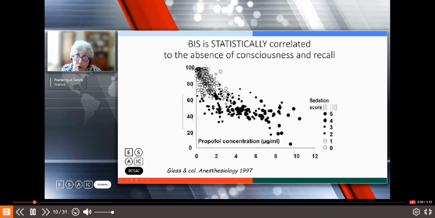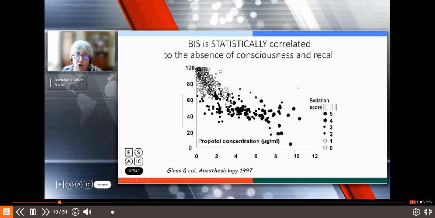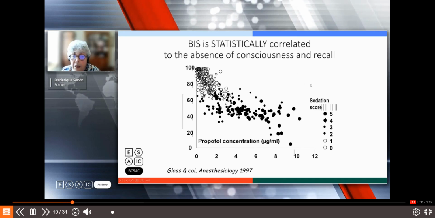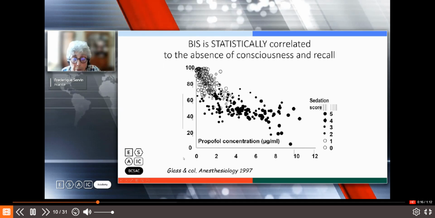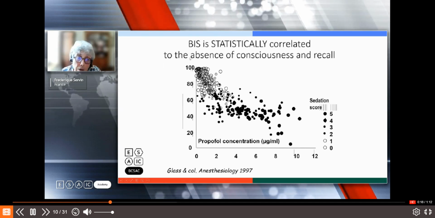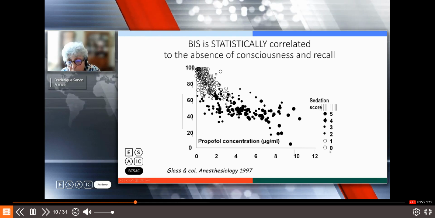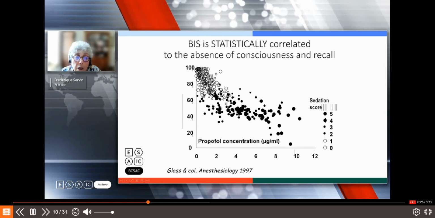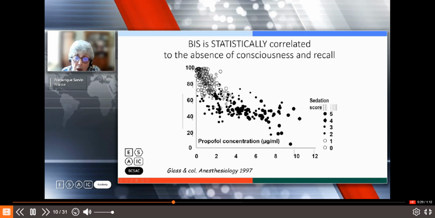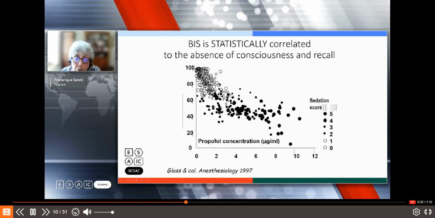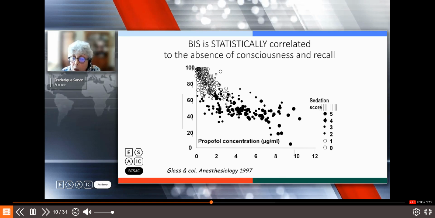Those surrogate measures are statistical. They are statistically correlated to the absence of consciousness. And this is very clear in this important paper published by Peter Glass quite a long time ago, where you see the concentration of propofol and here the level of consciousness. In the open circles, the patients are conscious, and in the full circles, the patients are unconscious.